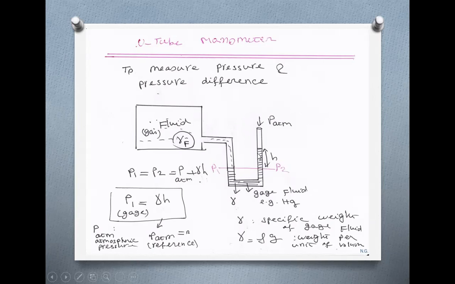And P2 is P of the atmosphere, which is pressure on top, plus weight of this column of the fluid, which is gamma H. So P of atmosphere plus gamma H is P1. That's where you can measure pressure here on top of this surface, which is nothing but pressure of this gas. So we are able to measure pressure of the gas, and that is in terms of absolute.